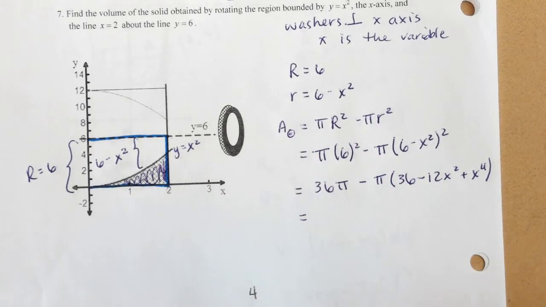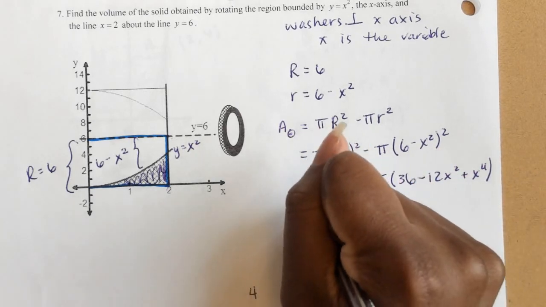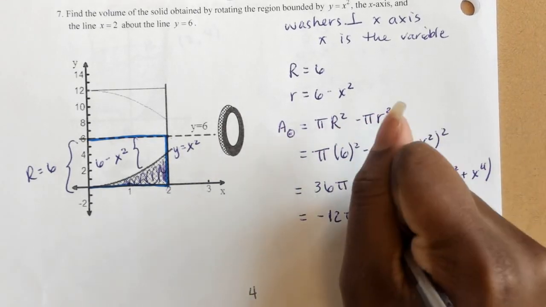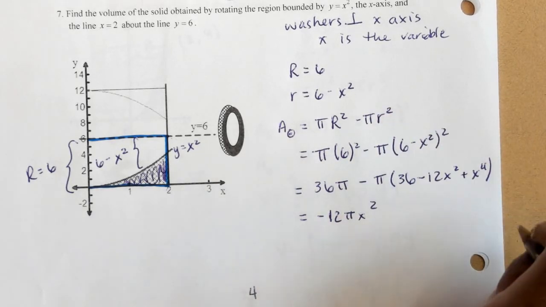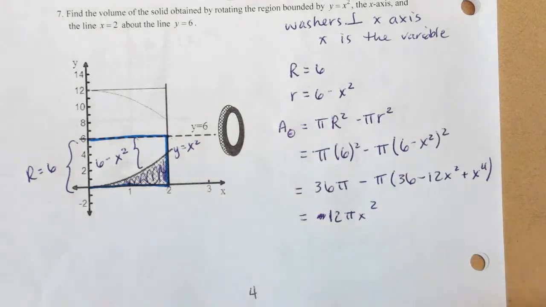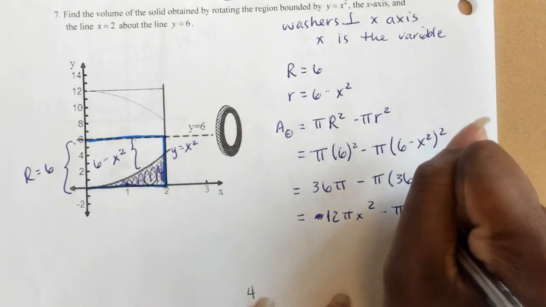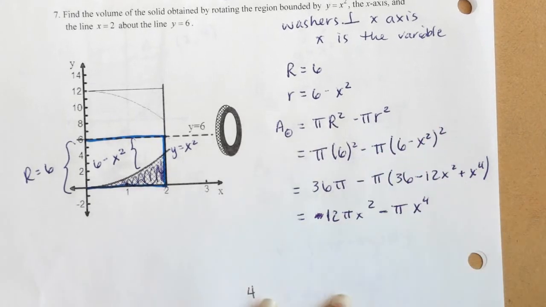Which is just equal to 12 pi x squared minus pi x to the 4th.